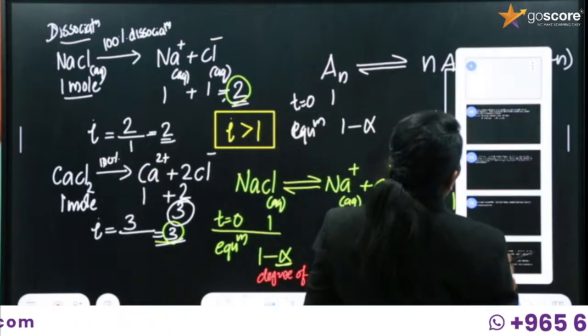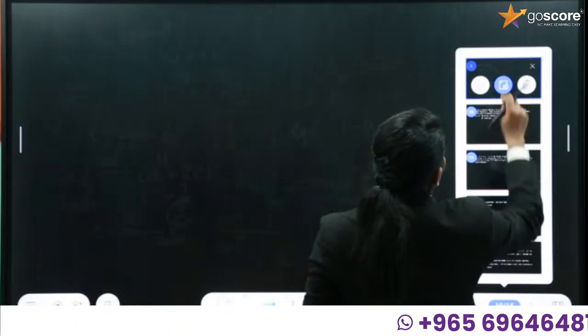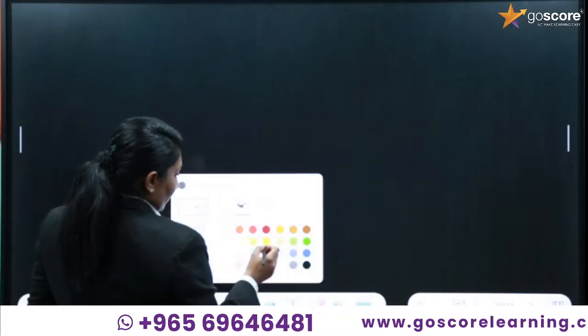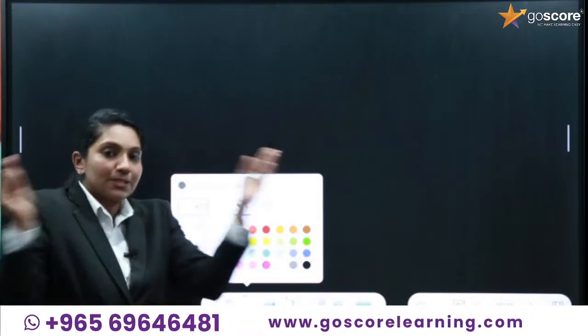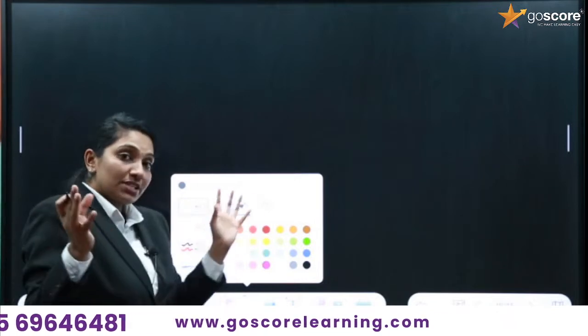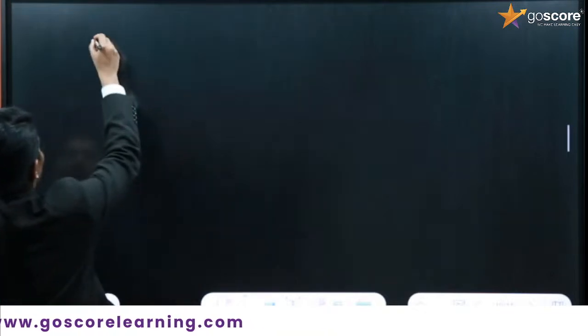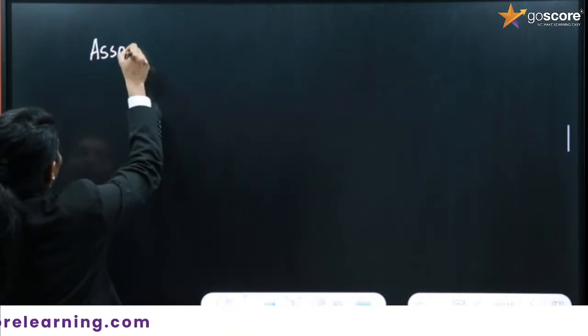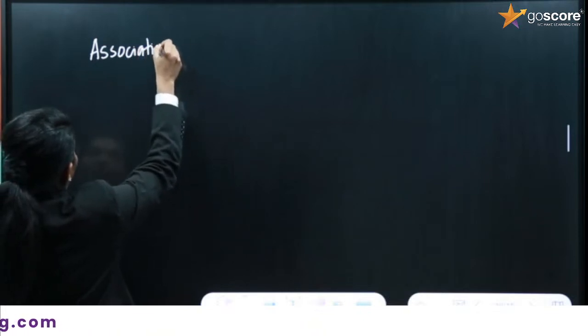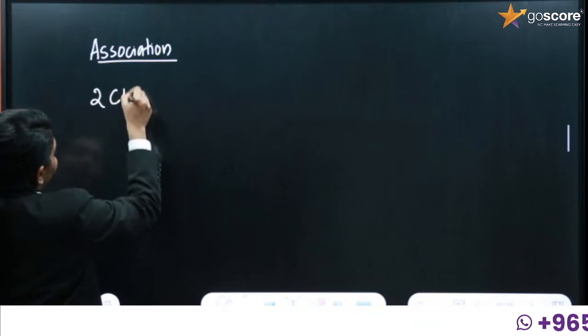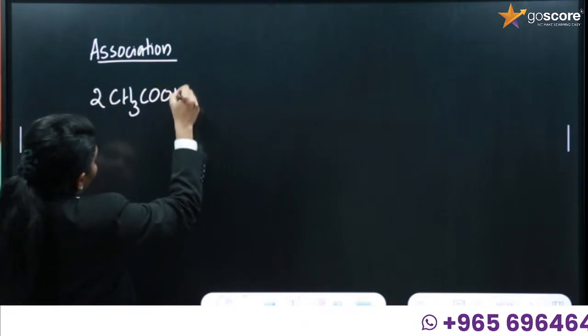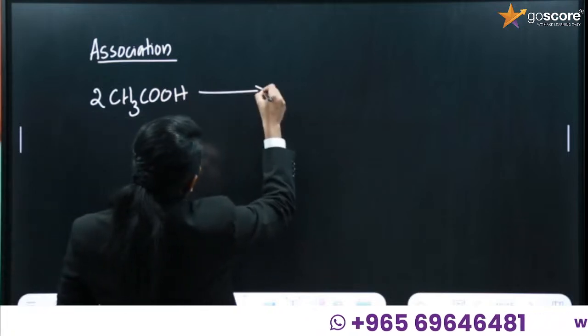Now we can see for association. Dissociation means one is splitting into two, right? So association means two combined to give the one. See, for association, we can take the acetic acid and benzene. Okay.